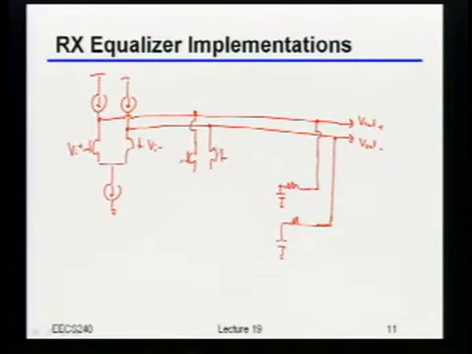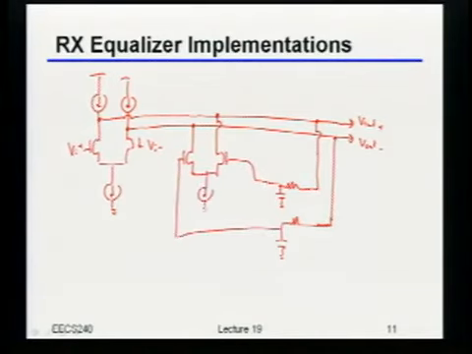Let me draw this a slightly different way just so that I don't get the polarities reversed. As an example, I could have that one grabbed from there, and this one would be grabbed from here, and of course, some current source over here. Again, sorry for the redrawing.